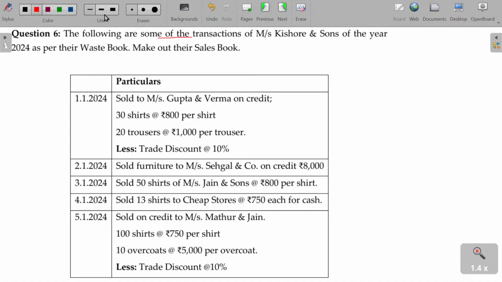The following are some of the transactions of Messrs. Kishore and Sons. Particulars: 1124, sold to Messrs. Gupta and Verma on credit.